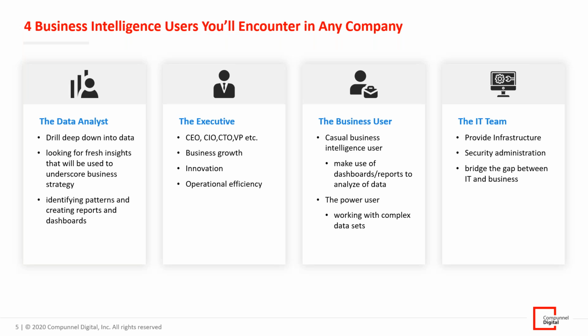So all the security aspects will be taken care of by this team. And in a way, I can say they will act like a bridge to fill the gap between IT teams and business teams. So in simple words, they are the bridge to fill the gap between IT and business. These are the four different business intelligence users you will encounter in your company or any company.